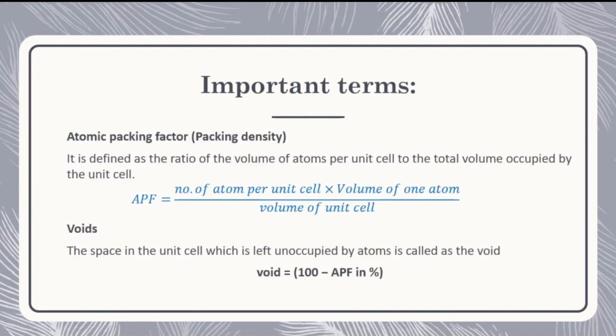It defines how much volume of a unit cell has been occupied by the atoms and is given by this formula. The voids are the space left in a unit cell, which is unoccupied by the atoms. In the next lecture, I will be teaching about the cubic crystal structure.